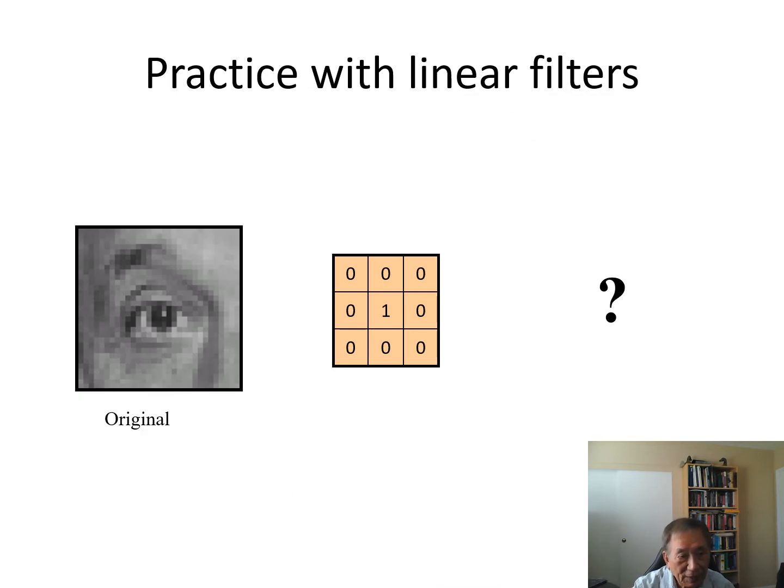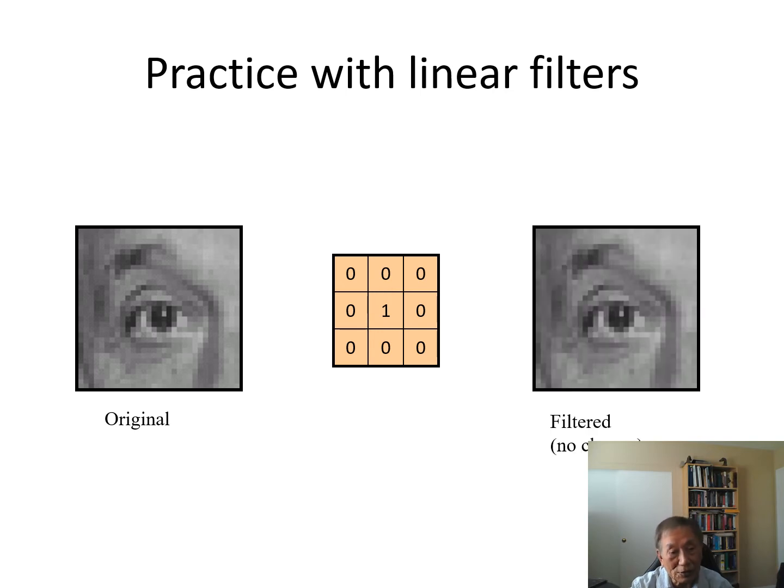So this is called the average filter, or sometimes called the box filter. So here's a pixel, and we have 0, 0, 0, 0, 1, 0, 0, 0, 0, like that. Then definitely all the other neighbors don't contribute anything. Only itself will be replaced, with the value exactly as original. So no changes.